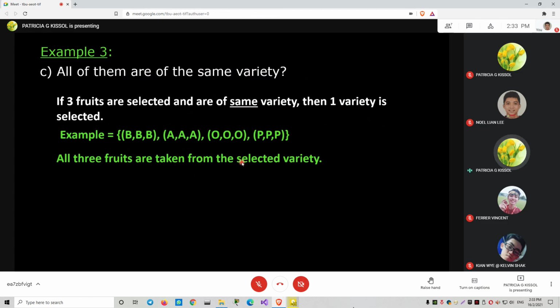If all 3 fruits are taken from the selected variety, it's basically 4 combination 1, which equals 4, which is listed here already. If you can write it in terms of the combination formula, that would be good. Some students list it out like this and then put 4. Also accepted, no worries. It's a bit of logical thinking.